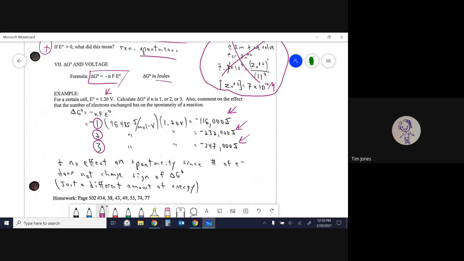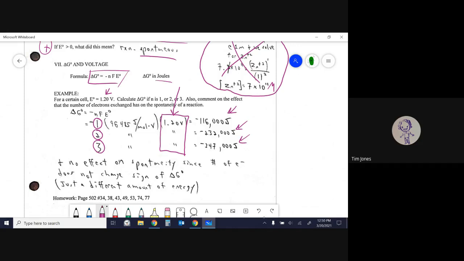Notice they're all negative. So since delta G is negative, the reaction is spontaneous every time. Similarly, the voltage was exactly a positive 1.20 every time, so that also says that it's spontaneous. And what this means in the end is that since the voltage is the same every time, how hard the electricity is being pushed is the same.